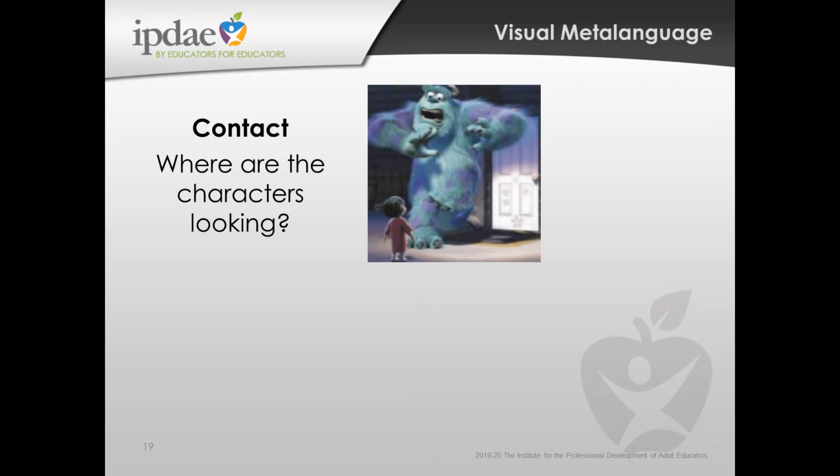Is he looking at us? Definitely, and you guys have this one very quickly, and it's pretty easy to see that they are definitely looking at each other. The monster to the little girl and the little girl to the monster. That's the contact. Okay, let's try another one.